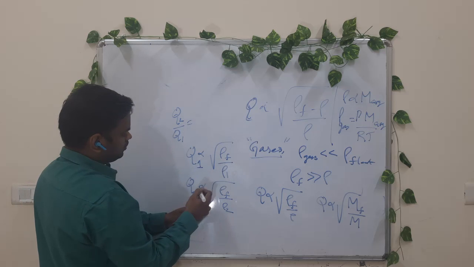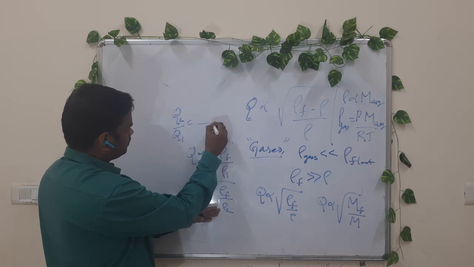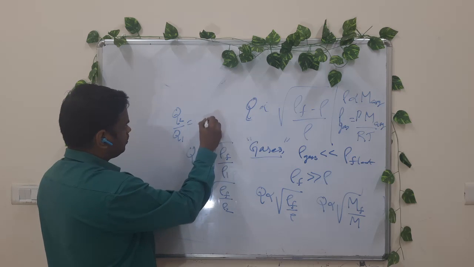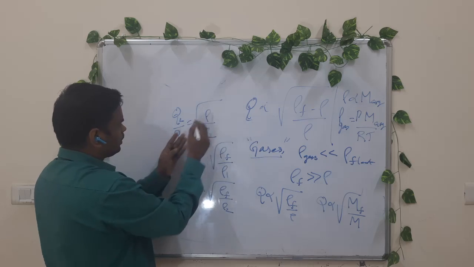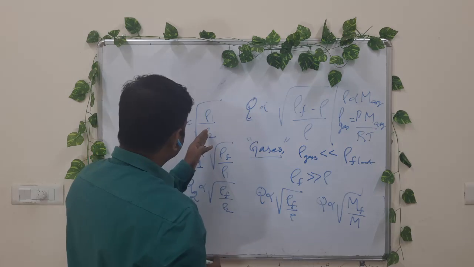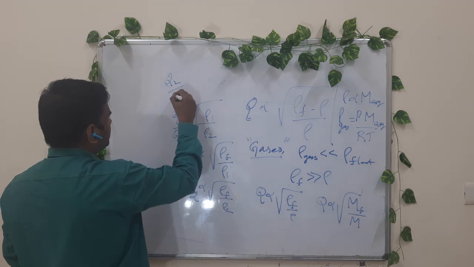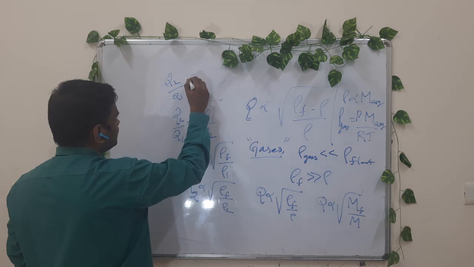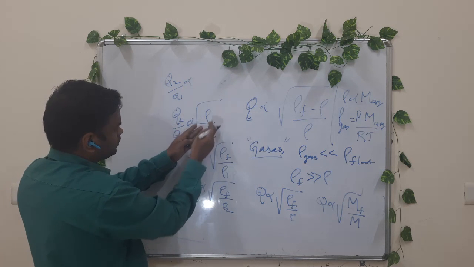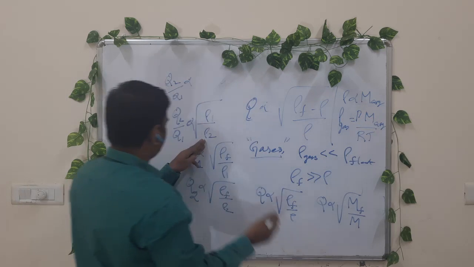Q2 by Q1 equals square root of rho 1 by rho 2, since Q2 is inversely proportional to root rho 2 and Q1 is inversely proportional to root rho 1. So Q2 by Q1 is proportional to, not equal to, rho 1 by rho 2, and rho 1 is proportional to M1, rho 2 to M2.